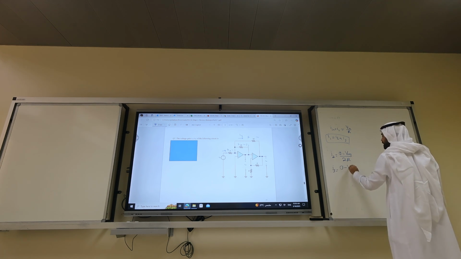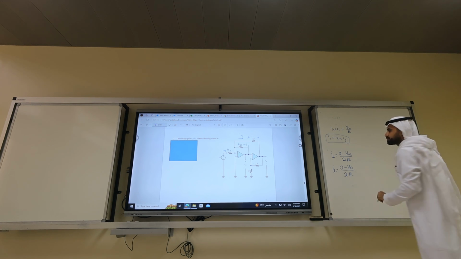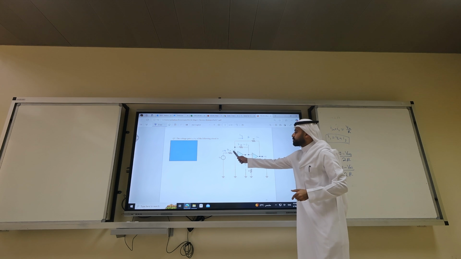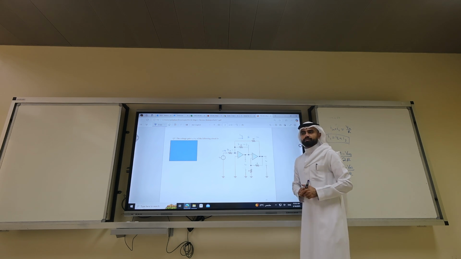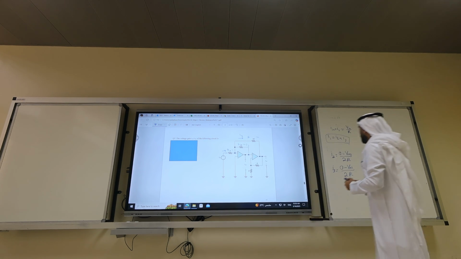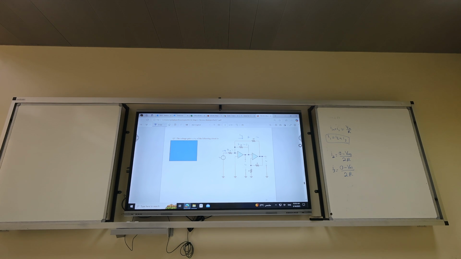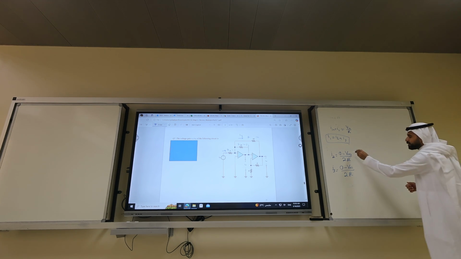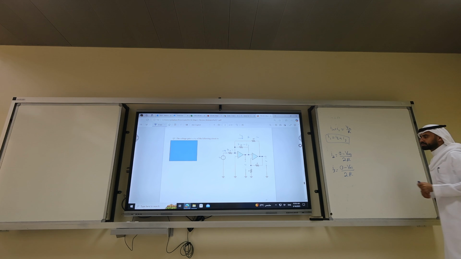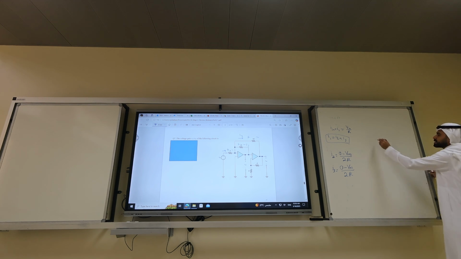Same thing, 0 minus VO1 over 2R. Then I have to find the relationship between V output 2 and V output 1. So what is V output 2? It is 1 plus R over R times V output 1.